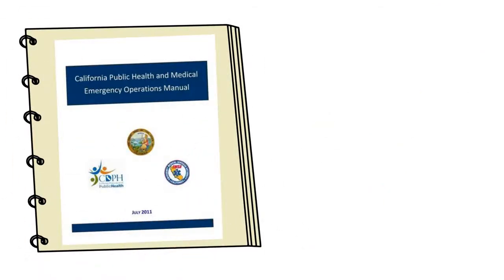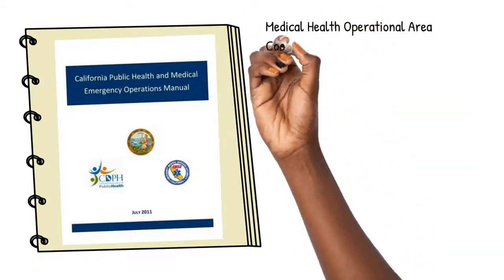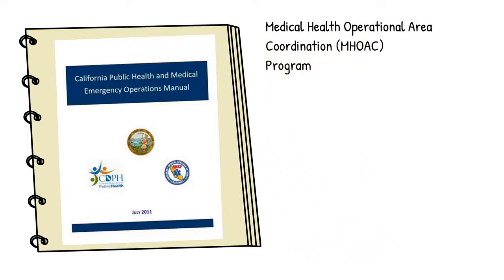Now let's talk about the California Public Health and Medical Emergency Operations Manual. This document is what we refer to as the California Public Health and Medical Bible. It really is an operational document that shows exactly how we're supposed to respond within California. One of the programs it talks about within the EOM is the Medical Health Operational Area Coordination Program, or the MHOAC Program.